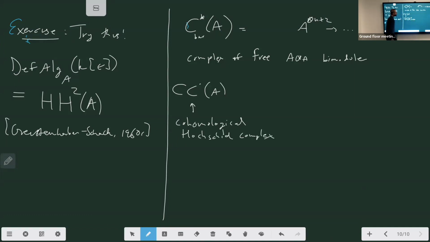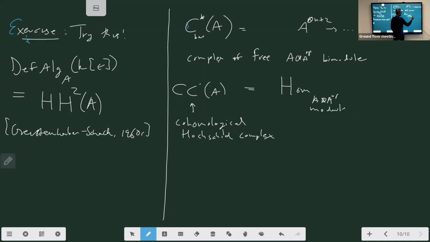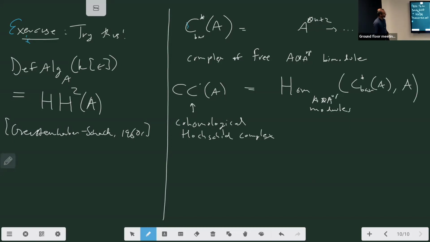You can regard A as an A-A bimodule, and you can define this Hochschild complex.